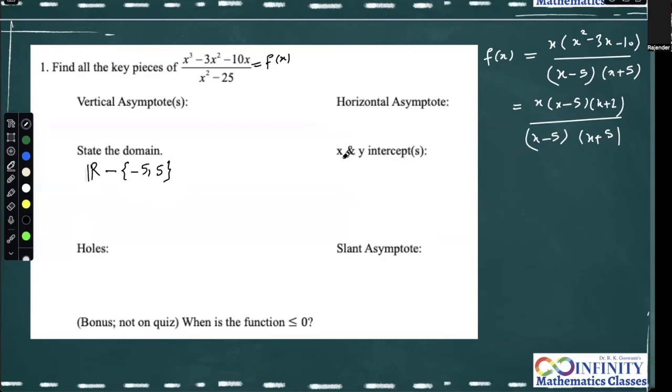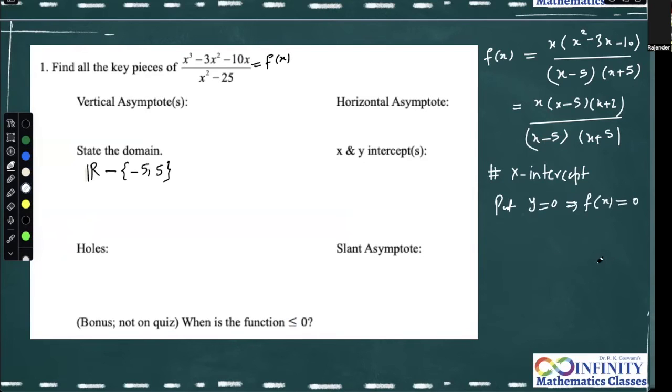Okay. X and Y intercept. Whenever a situation like this is given to you, if I ask you for the X intercept, you need to put the dependent variable y equal to 0. That means f(x) equals 0.